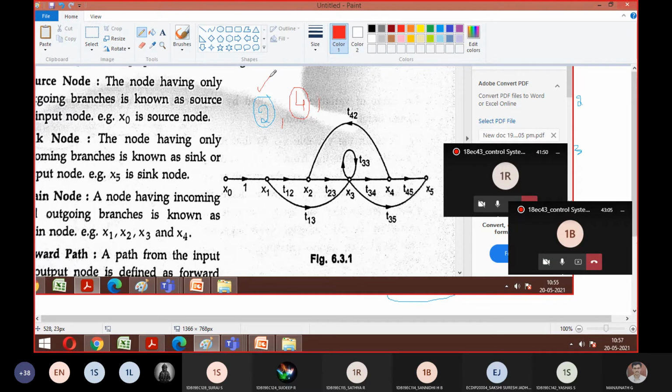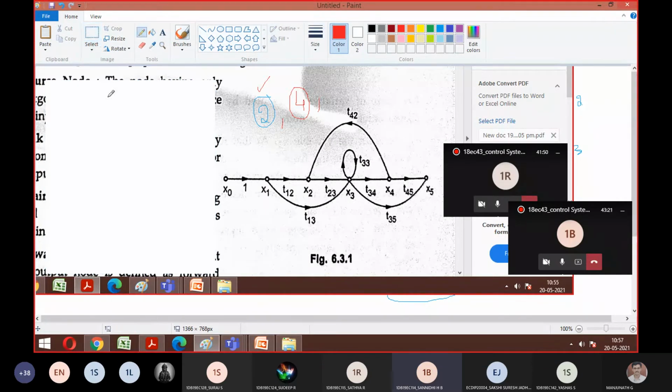So let's try to analyze this. You told 2. Okay, can you tell me which are the paths here? Just mention the flow along with X1. X1, X3, X4. Okay, the first one should start from X0, right? X0 is the input. X0, then X1, X2, X3, X4, X5.